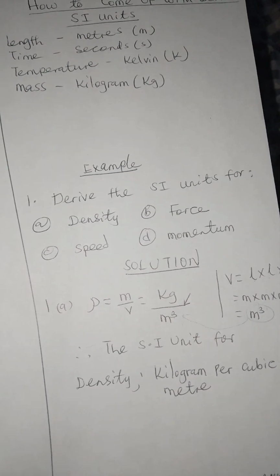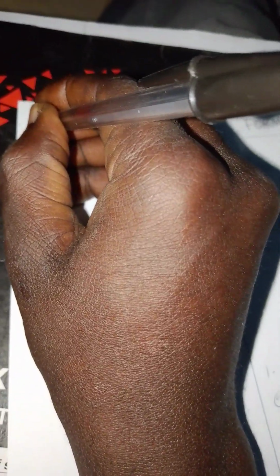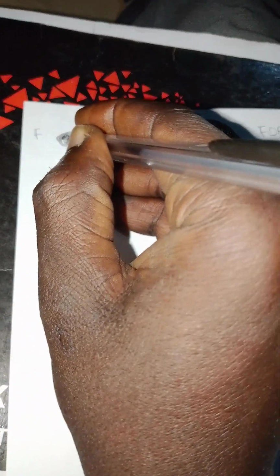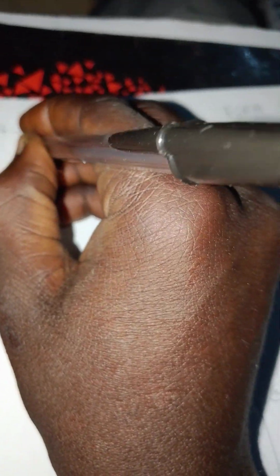In our example here, the next one is force. We know that force is given by F is equal to MA. Again, we know the SI unit for mass is kilogram. But what about the SI units for acceleration?